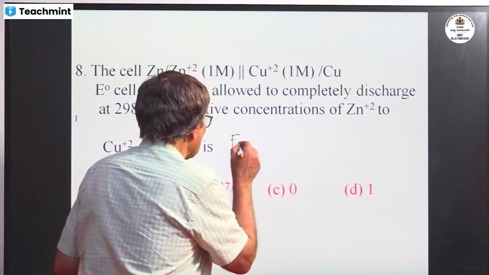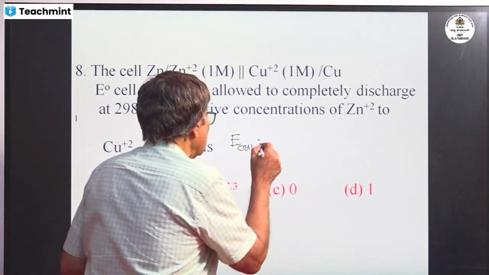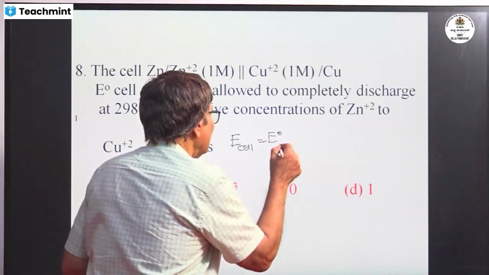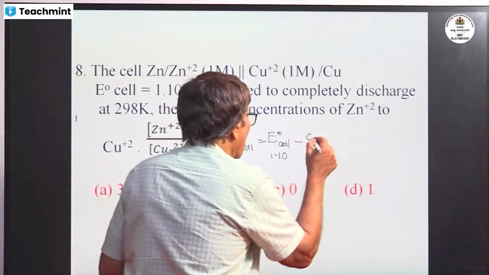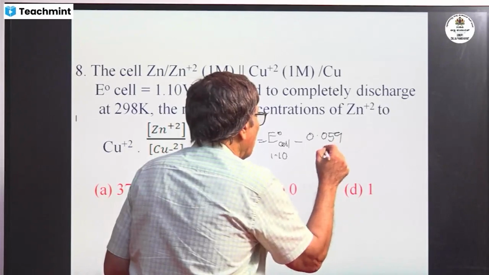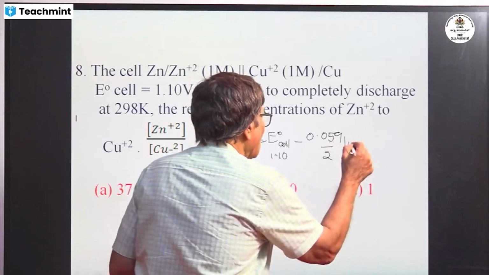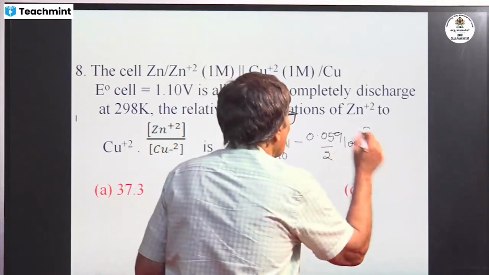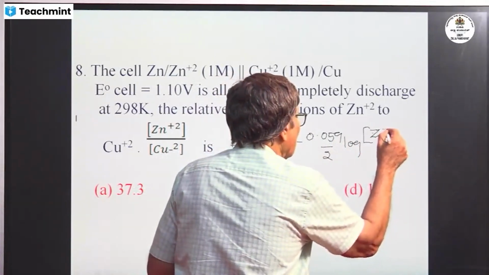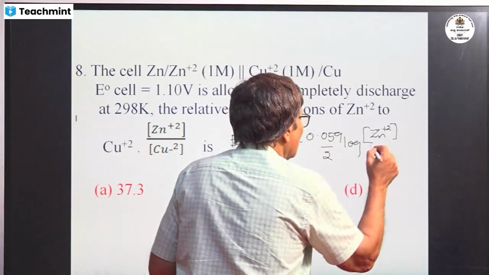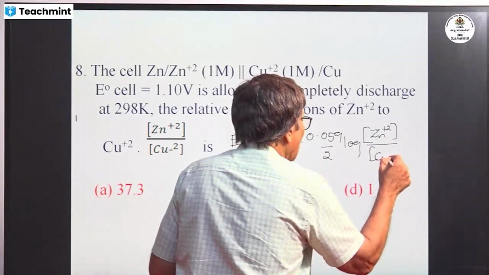E cell is equal to E naught of the cell, which is 1.10, minus 0.059 by n, which is 2, log to the base 10 of concentration of zinc ion in the numerator, divided by copper ion in the denominator.